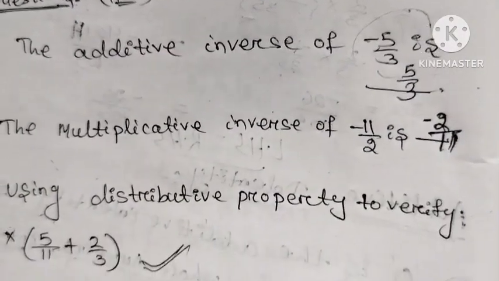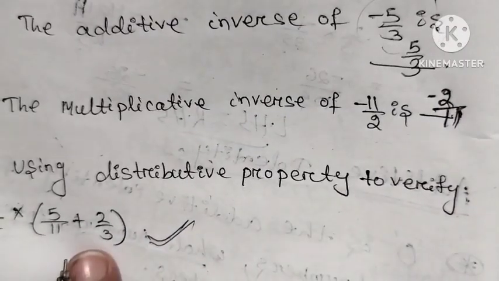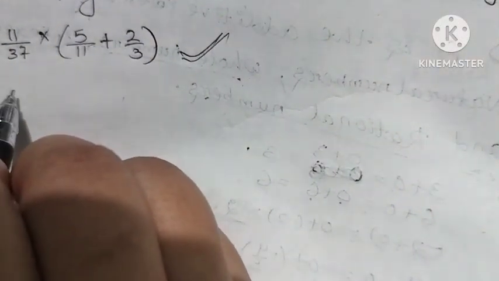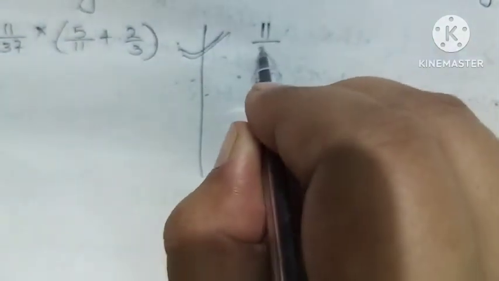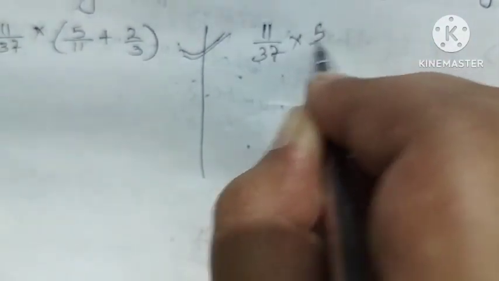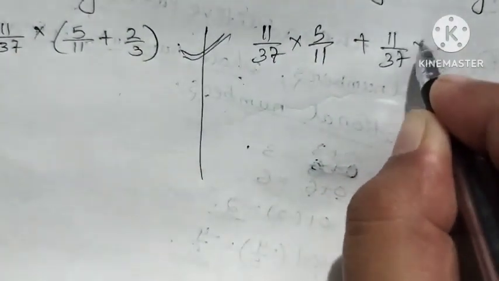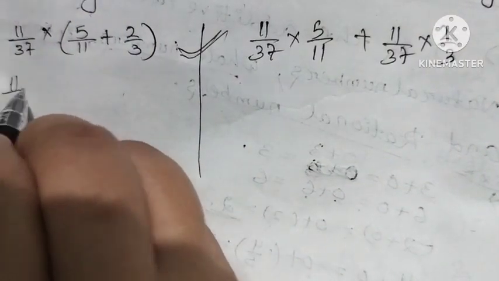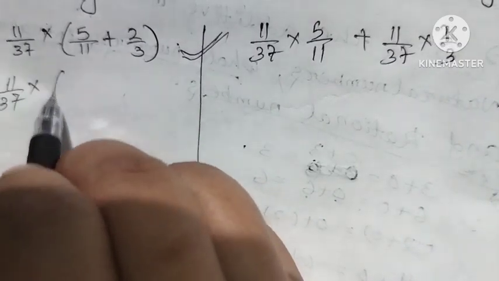Then one last question. Use distributive property to verify. You have to verify these numbers using the distributive property. See how to check it out. This one is LHS, then the RHS part is 11/37 into 5/11 plus 11/37 into 2/3. Then 11/37 first you have to solve in the LHS side.